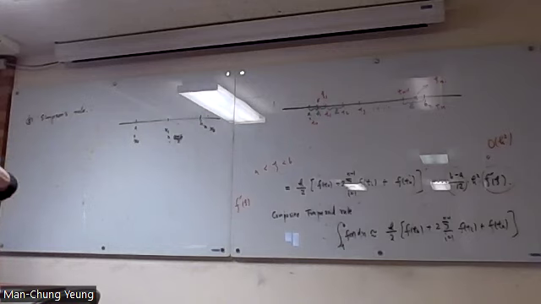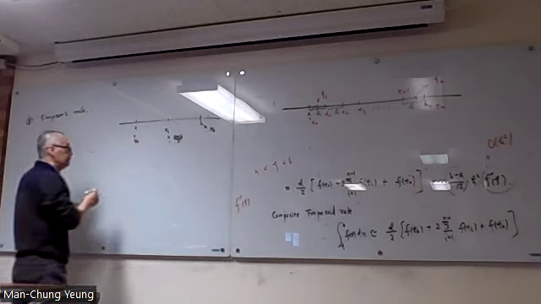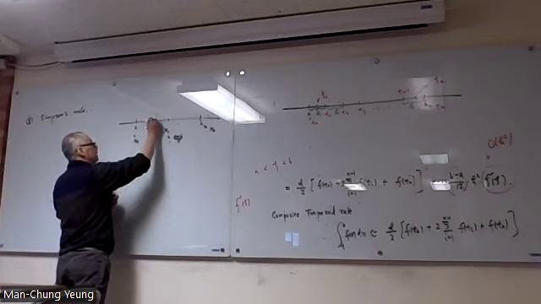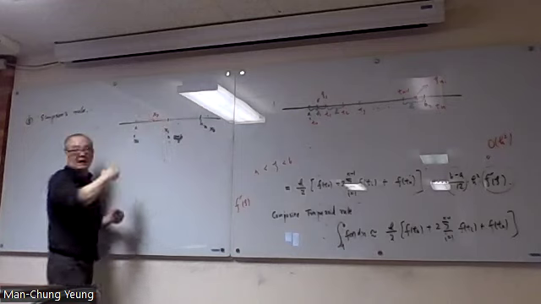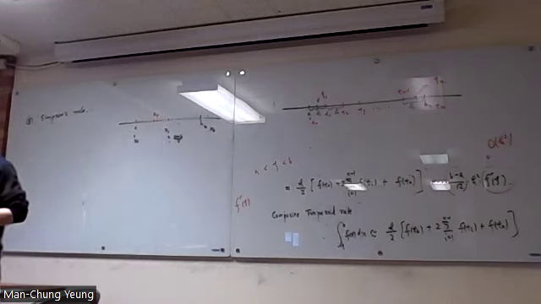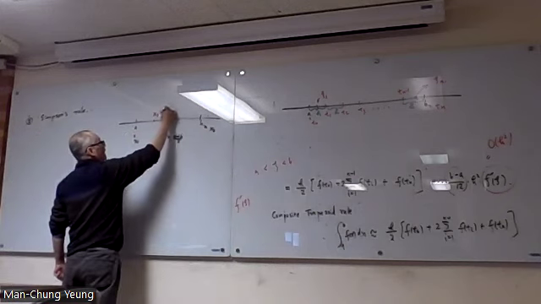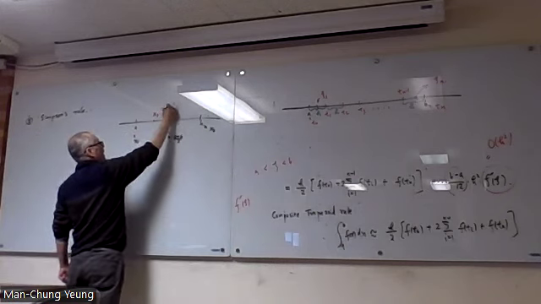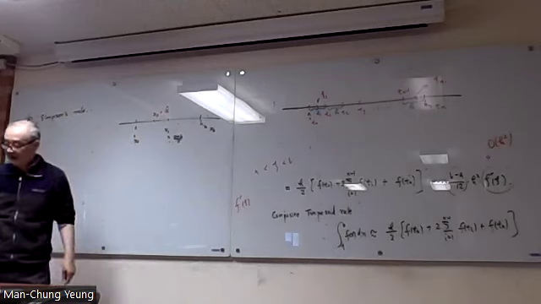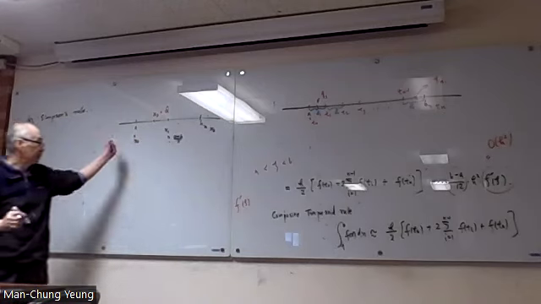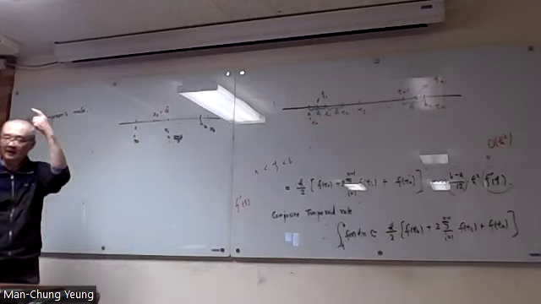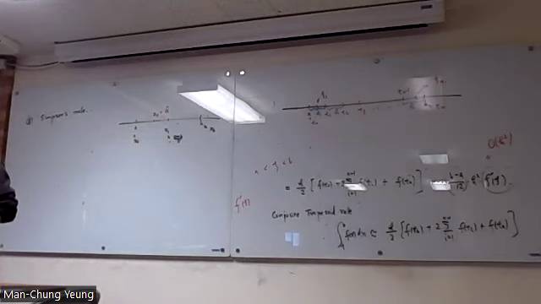What is x3? Arbitrary pick. Between A and B, arbitrary pick of x hat as x3.